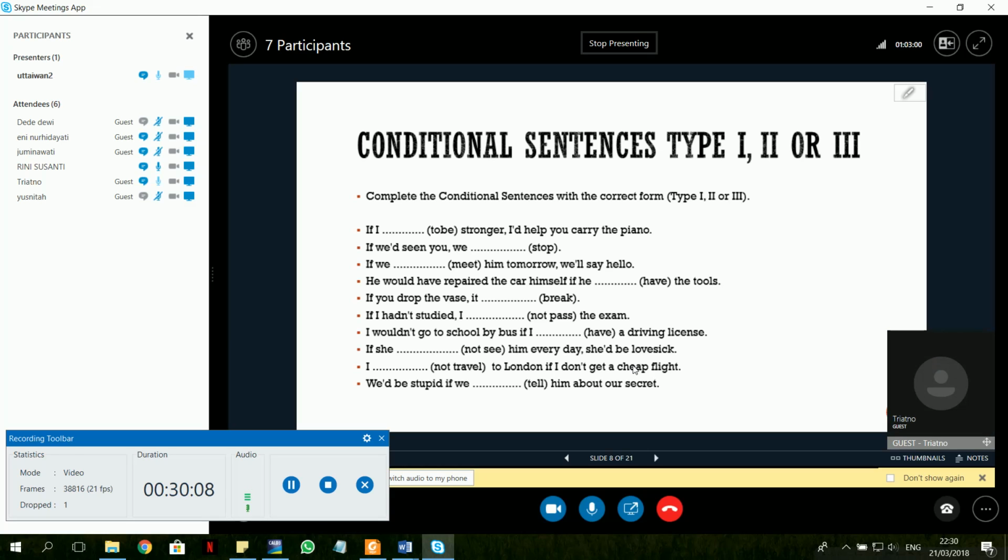Look, if you drop the face, the first one is drop. What tense does it use? If you drop the face. Yeah. Correct. Next.